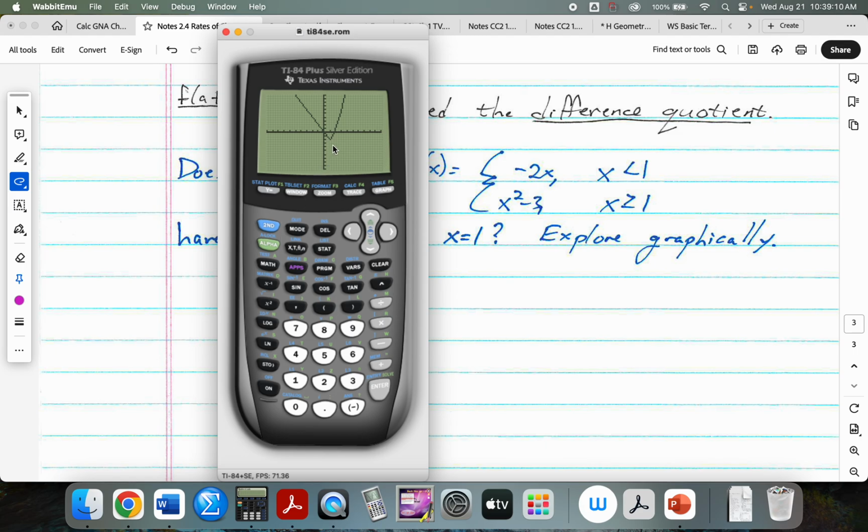And you're like, oh, that's really weird. I'm going to zoom in on this. I'll zoom in at 0, 0. Is that a nice smooth curve right there?